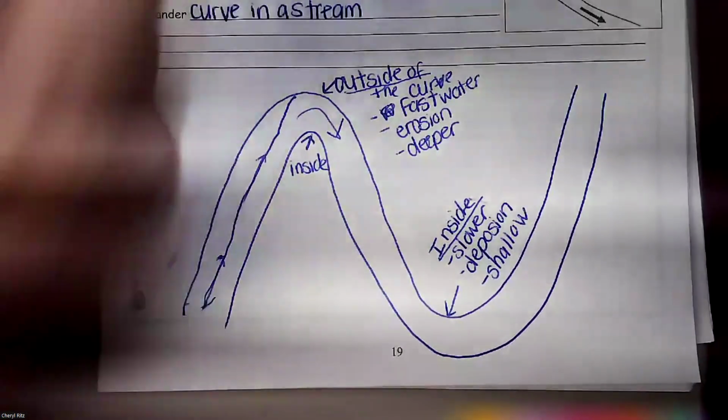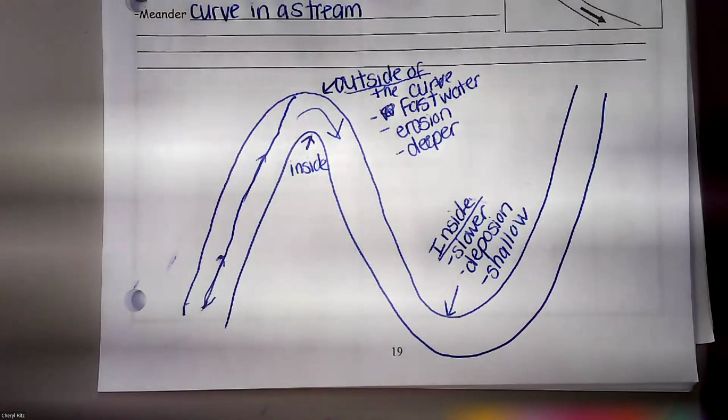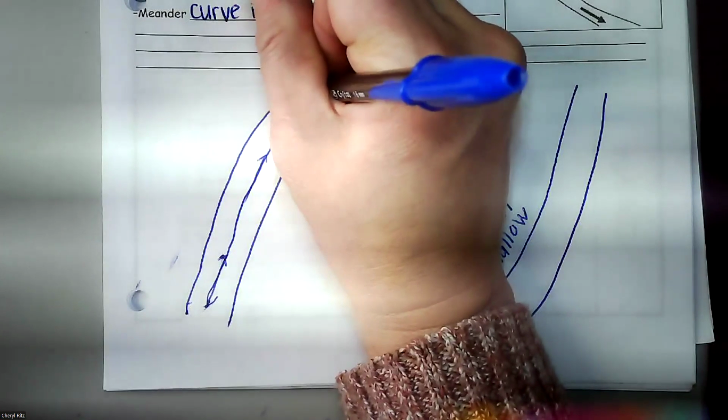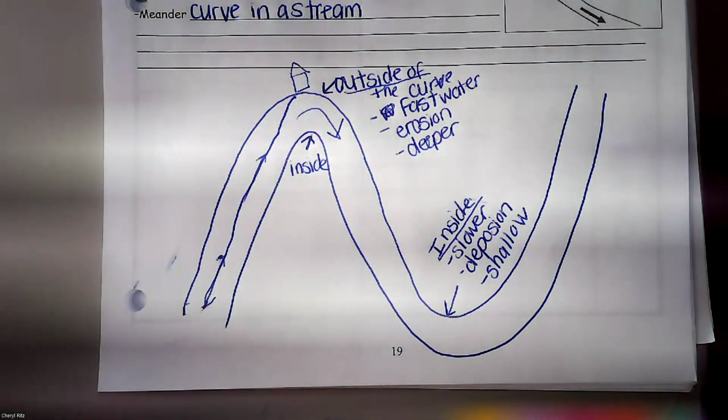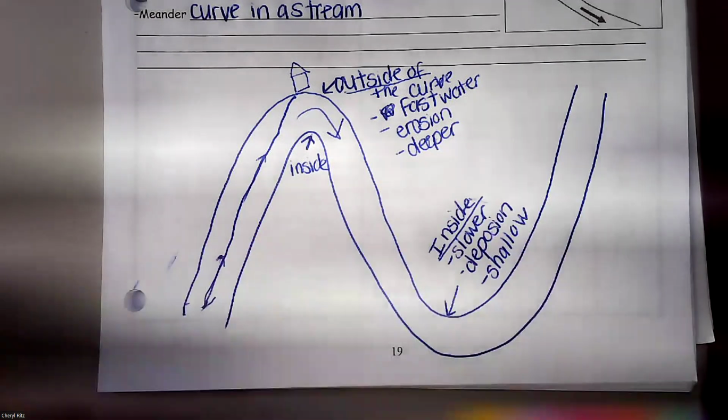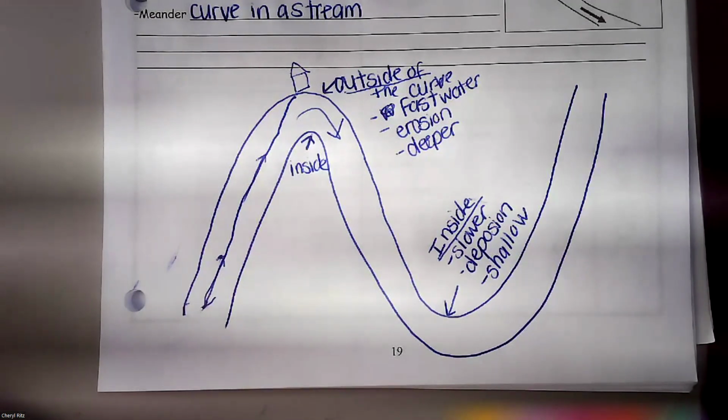On the outside or the inside of a curve? Why not the outside? Why don't you want to build a house right there? Because it's going to erode and eat. Yeah, first your yard, then your house.